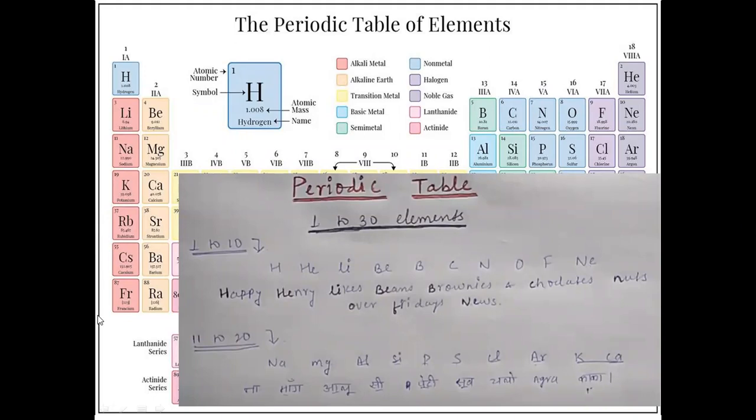They are also known as alkali metals. And they are univalent, meaning they have 1 electron in their outermost orbit. What is the property of them? They are univalent.